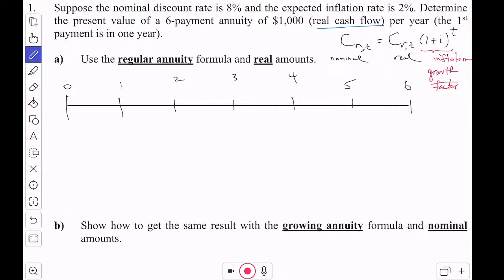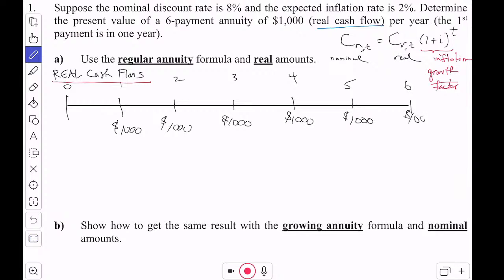I'm going to make a note here that these are real cash flows. And it looks like a regular timeline. I'm going to put 1,000, 1,000, 1,000, 1,000, 1,000, but these are real dollars.